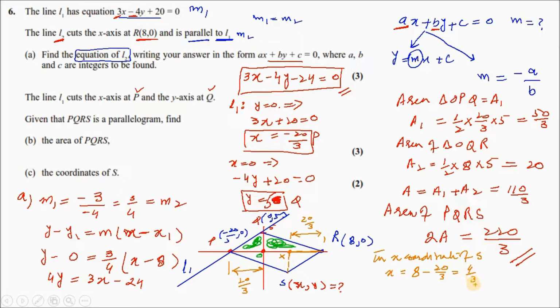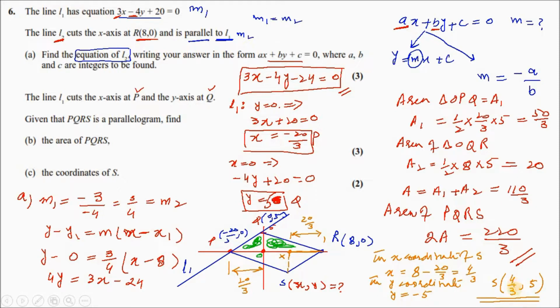This is the x coordinate. And the y coordinate, because Q is 5 units above the origin, S should be 5 units below. That means it must be minus 5. So the coordinate of S is (4/3, -5). That's how you can work out the coordinate.